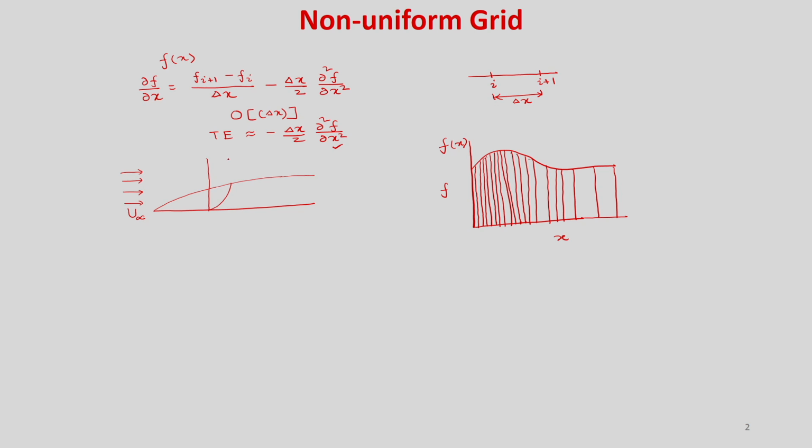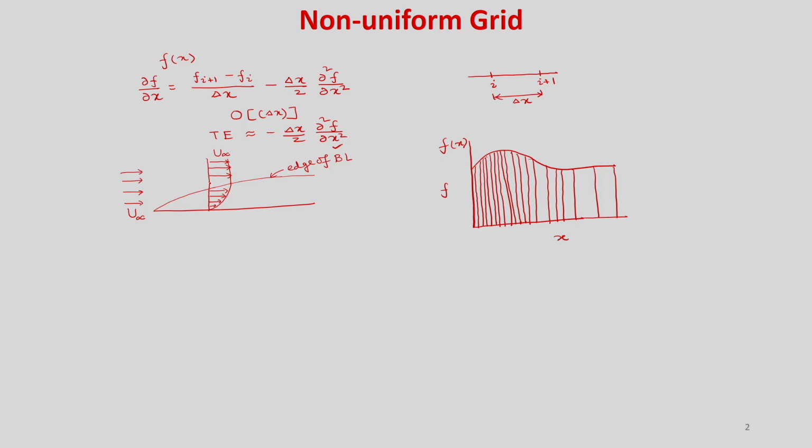Outside this boundary layer edge you will have u infinity, so there will be no variation in the velocity outside, but inside the boundary layer edge velocity is changing. So you have more gradients of velocity.